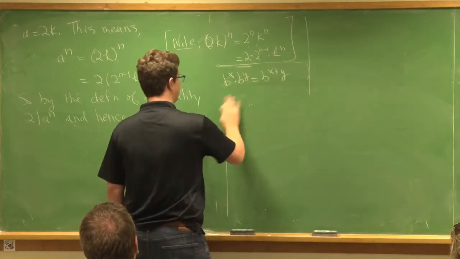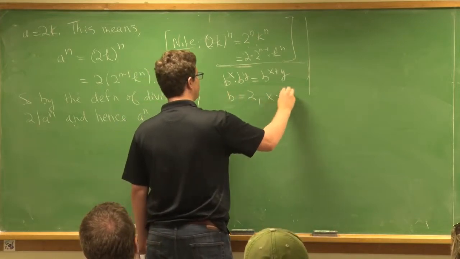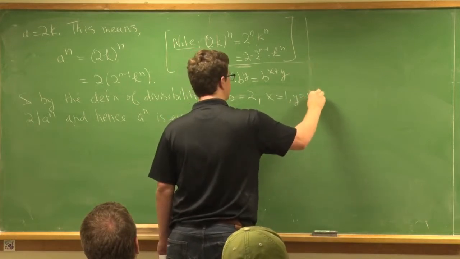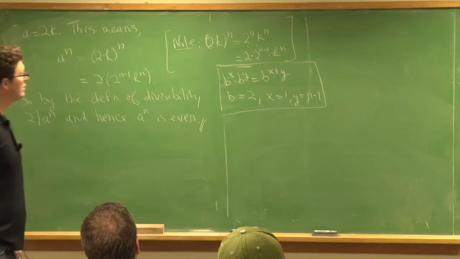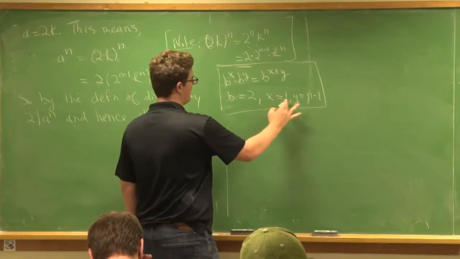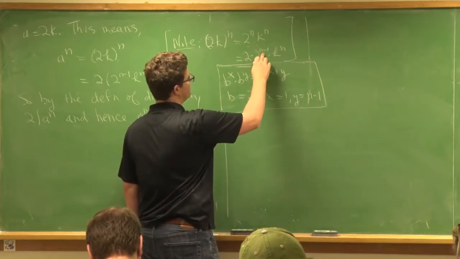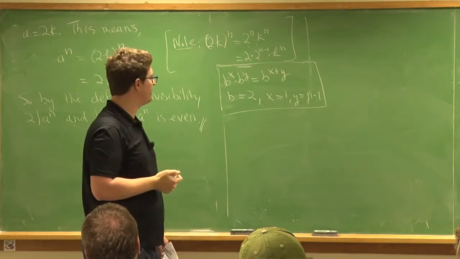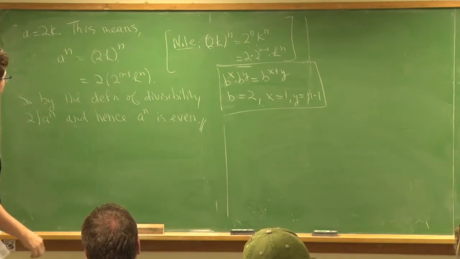Here, b is equal to 2, x is equal to 1, and y is equal to n minus 1. So I broke up n into 1 plus n minus 1. All right, does that make sense? Okay.